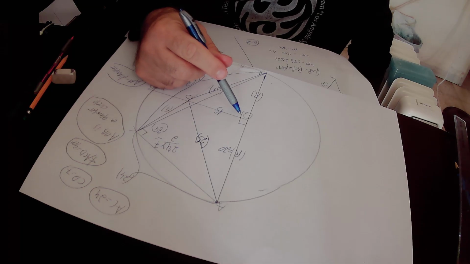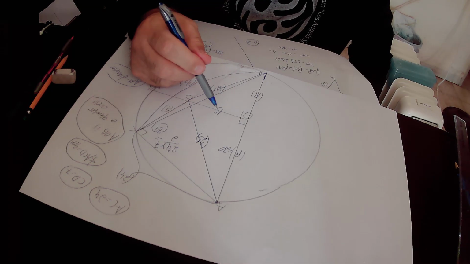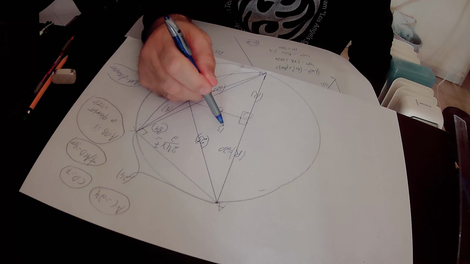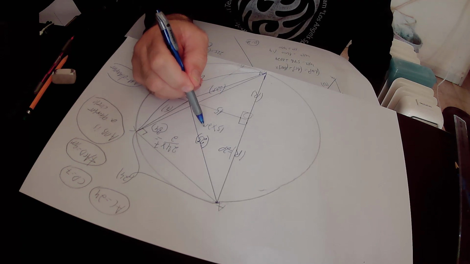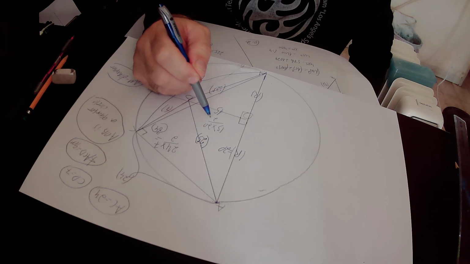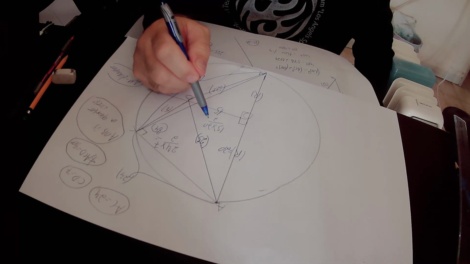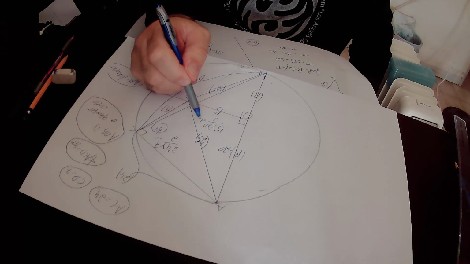Actually, the base is OD, that is 15, times the height to the base, which is 20, over 2. 15 times 20 is 300 over 2 is 150.